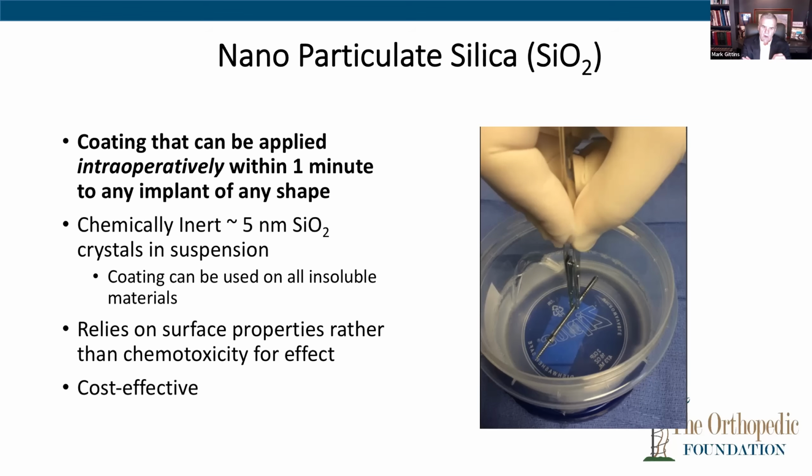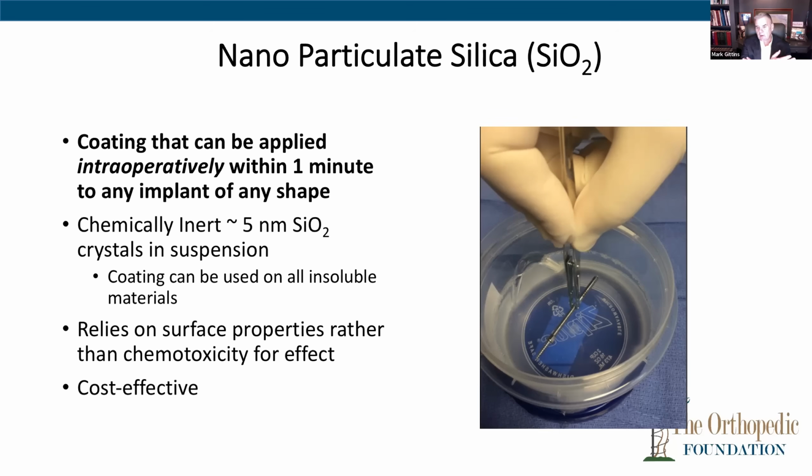The way this works, instead of being chemotoxic, because that's how we normally kill bacteria, this is basically a surface property that still makes it cytotoxic to the cell. And the way that works is through the cell wall.